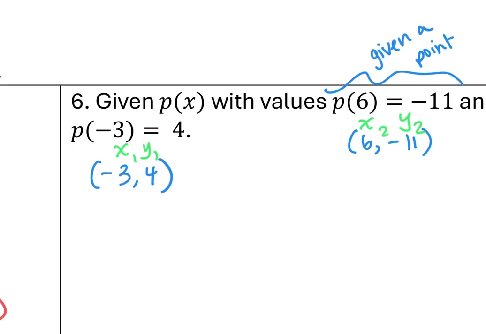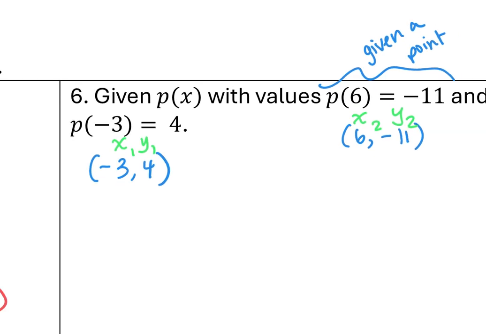Good question. All right, so now we will plug these into our slope formula that we practiced yesterday. So we'll do y2 minus y1, so that would be negative 11 minus the 4, over x2 minus x1, so that would be 6 minus a negative 3, but minus a negative is a plus.